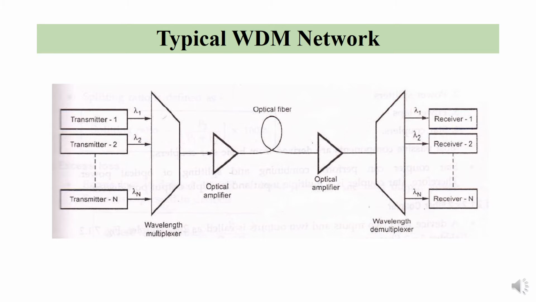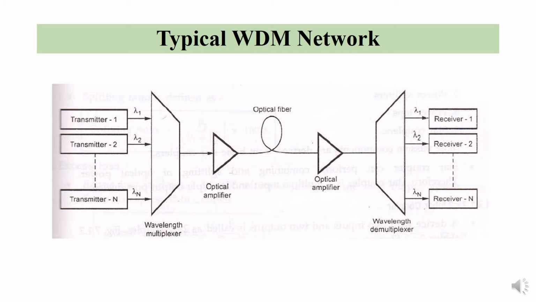That means the data from various locations are multiplexed and brought into this particular location called transmitter 1, and the data present in transmitter 1 is now riding on the wavelength lambda 1. Similarly, we can have time division multiplexed data coming here, modulating source lambda 2, and similarly lambda 3 and so on.